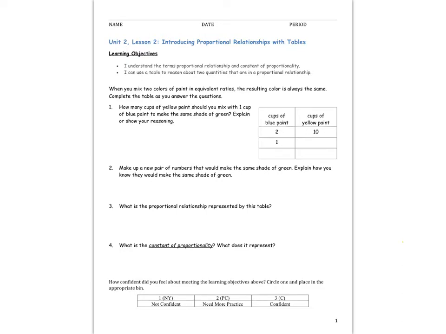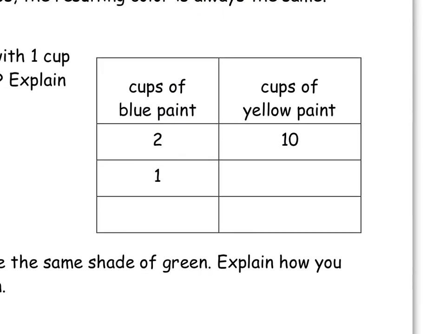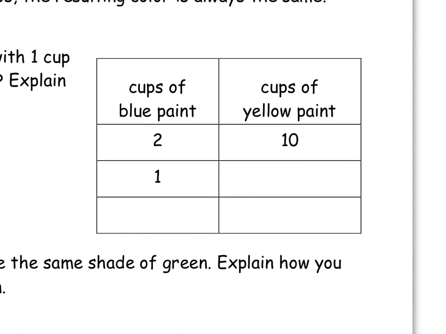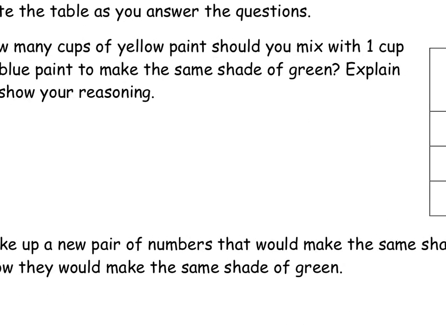If we look at the table, it gives us one ratio and it tells us that we have 2 cups of blue paint and 10 cups of yellow paint. What we need to do is figure out the constant of proportionality. So what can I multiply 2 by to get to 10? To figure that out, I need to do some division first.